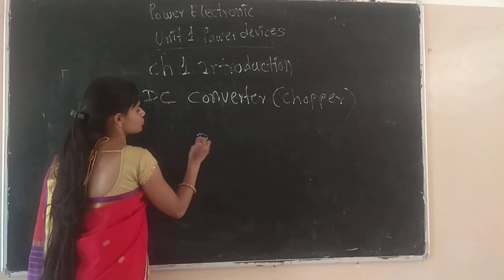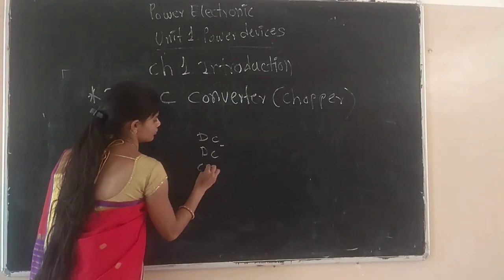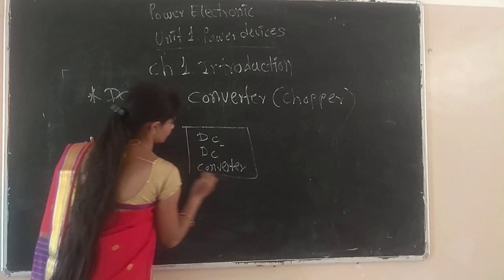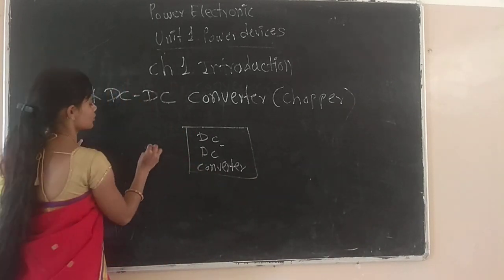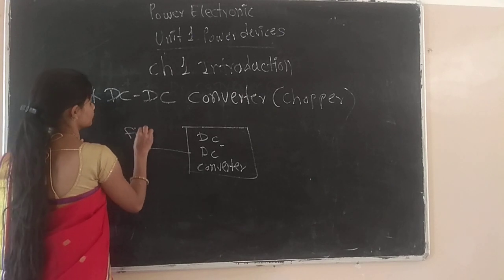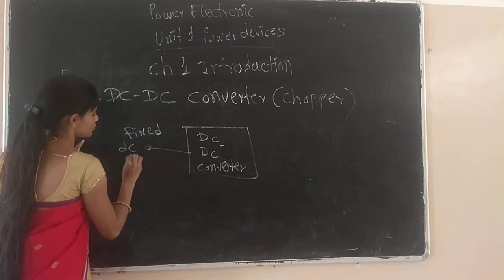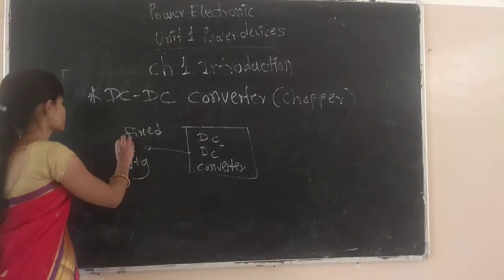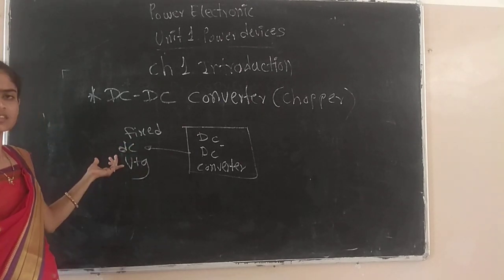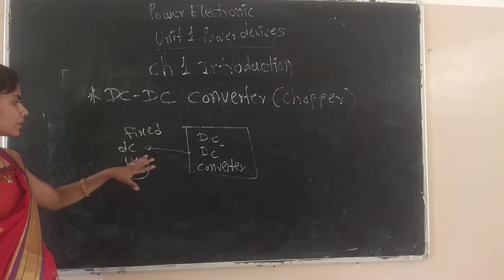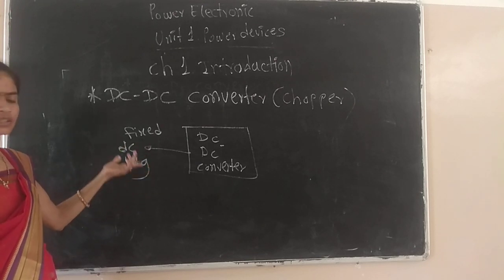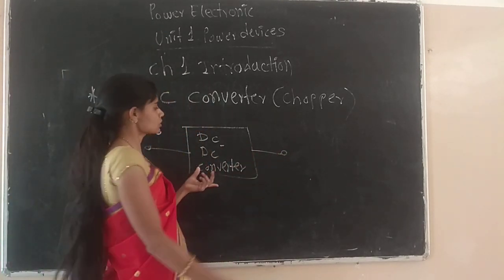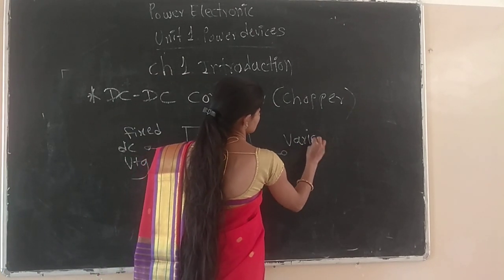The block diagram of the DC to DC converter, the block is here like this, and the input given is a fixed DC voltage. This fixed DC voltage is taken from the AC supply, filtered or rectified by the battery bank, and we get a fixed or constant DC voltage. The output of the chopper, or DC to DC converter, is a variable DC voltage.